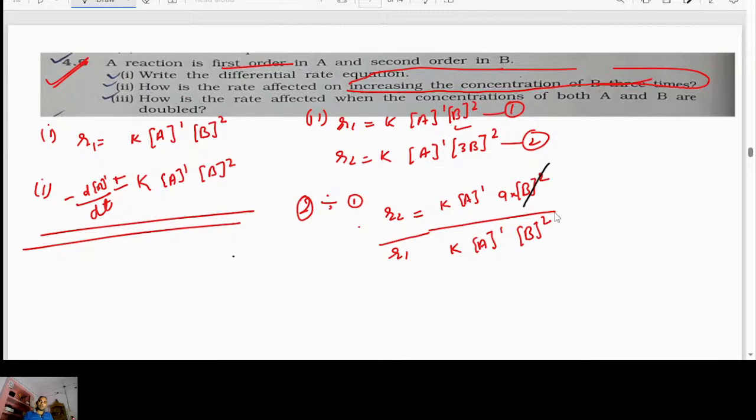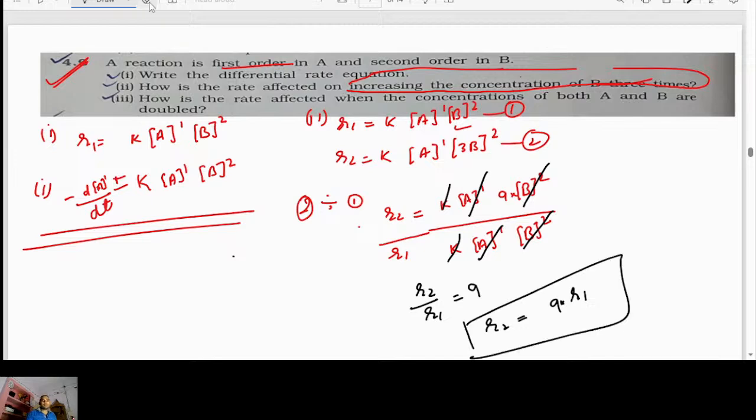B square and B square cancel out, A1 cancels out, k cancels out. So R2 by R1 is equal to 9, right? 3 threes are 9, so R2 is 9 times R1. How many times does the rate increase? It is 9 times. R2 becomes 9 times R1.